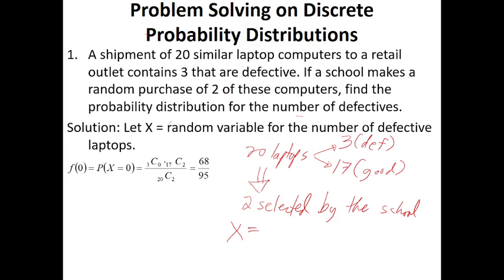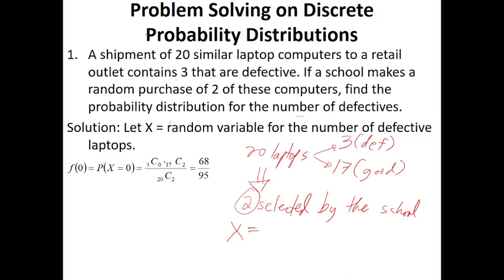Kasi ang random variable natin, number of defective laptops. 2 were selected by the school at random. Kumuha sila ng 2 laptops from 20 laptop computers.